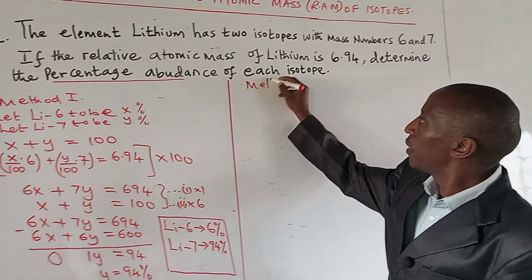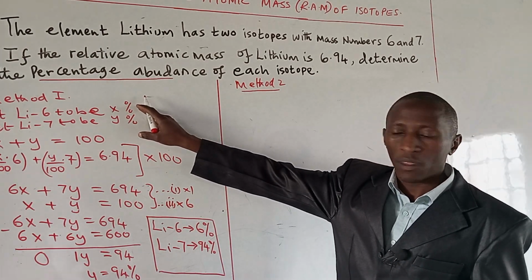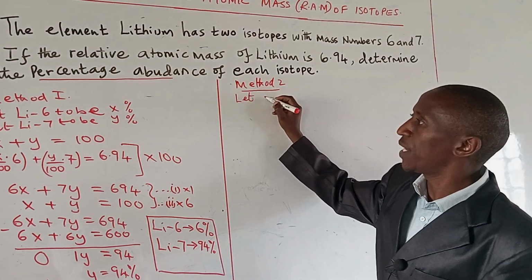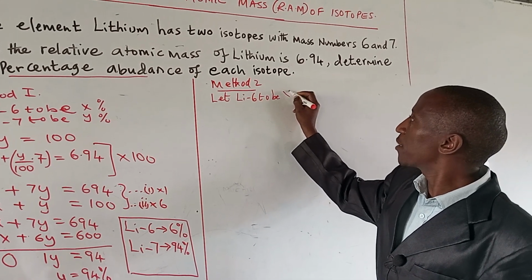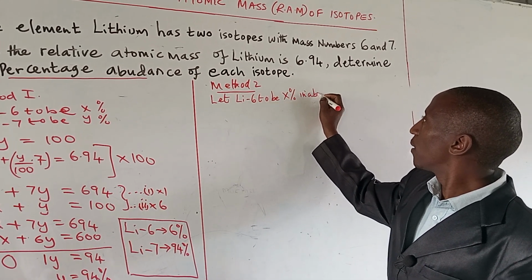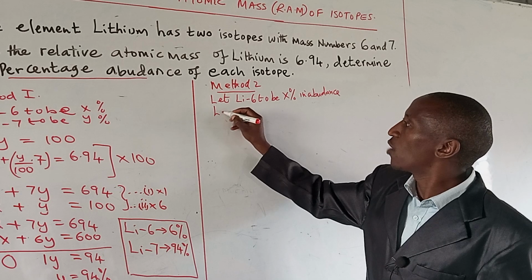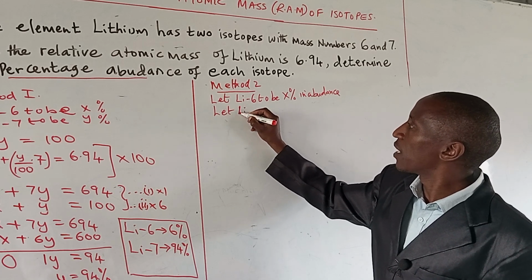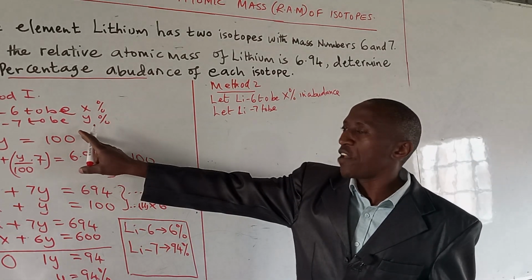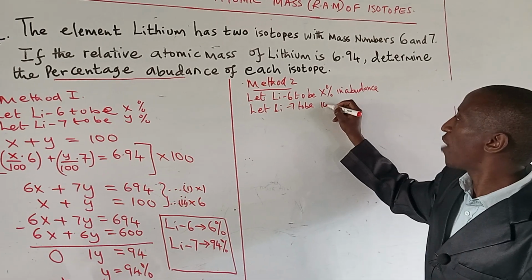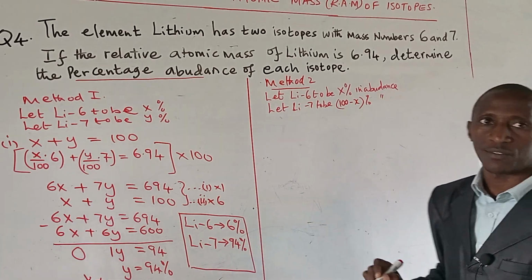In method 2, we have only one proposition here, that if we let lithium 6 be X% in abundance, it occurs in nature to the level of X%, then automatically we are going to let the lithium 7 be, like we have mentioned here, the total of 100. Then instead of y, we shall have 100 minus x, and that is going to be its percentage abundance.